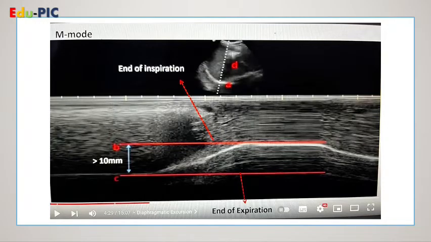And here you can take a measurement for this excursion with the end expiration and the end inspiration. What is the difference between them? And you can assess very well the distance of excursion, which can tell you, is it a fixed copula or it is moving but it is not normal.